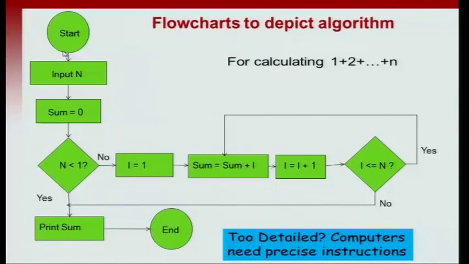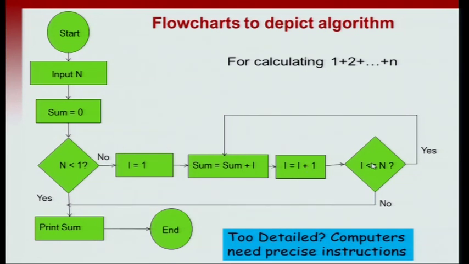Okay. So first you have to take what is the upper limit n, and then you have to sum them up. So one way to sum them up is start with an initial sum of 0 and then add numbers one by one. So increment a counter from 1 all the way up to n. So you start with i equal to 1 and then add the ith number to the sum and then increment i.